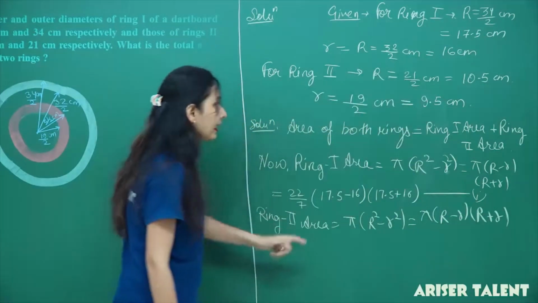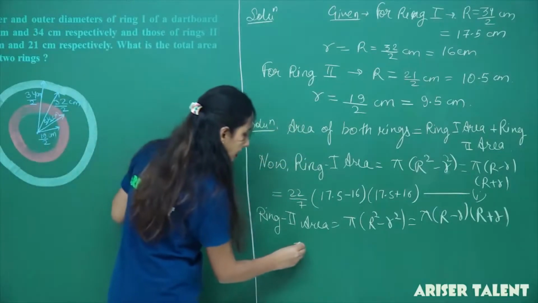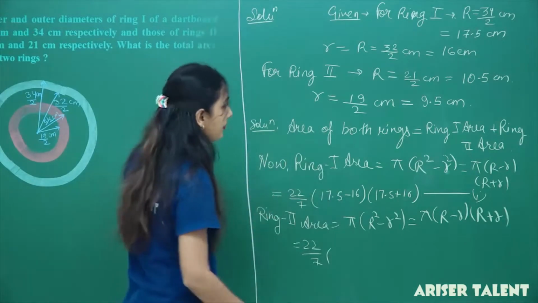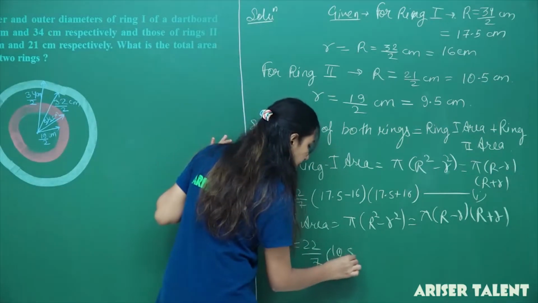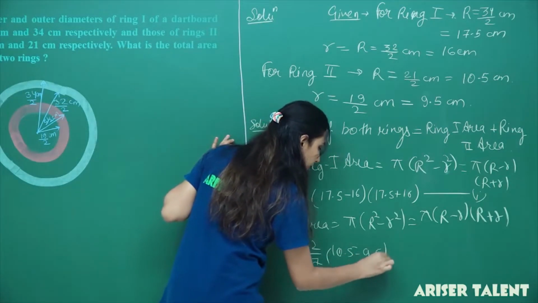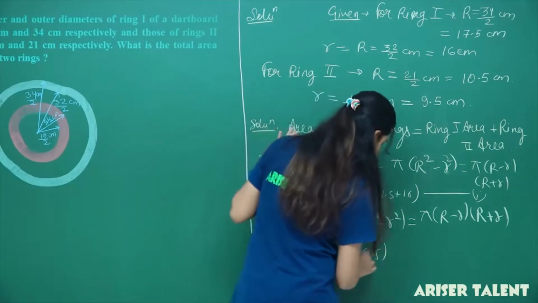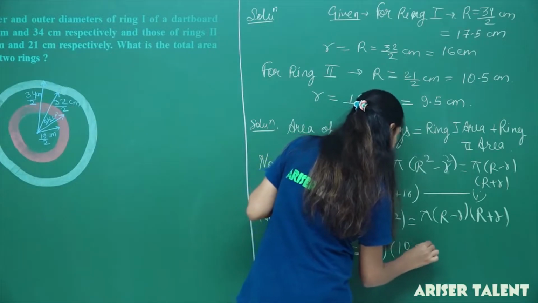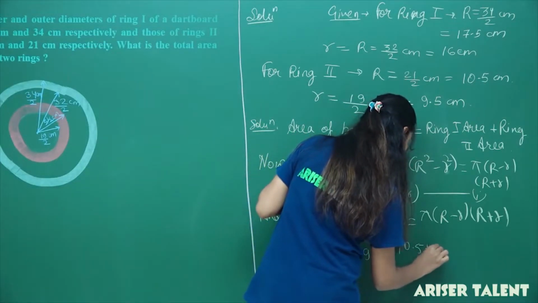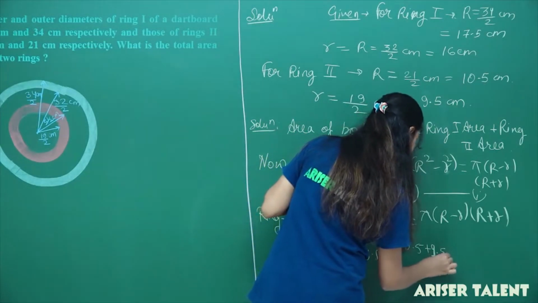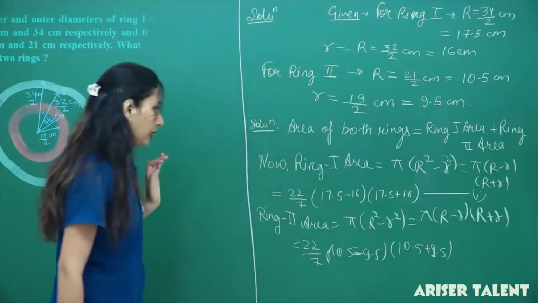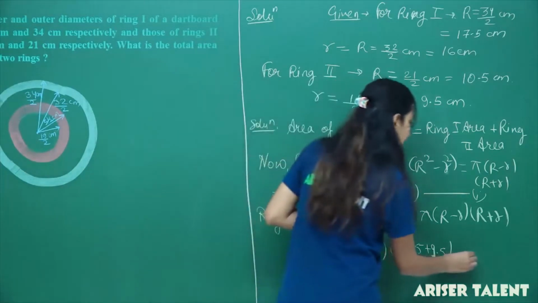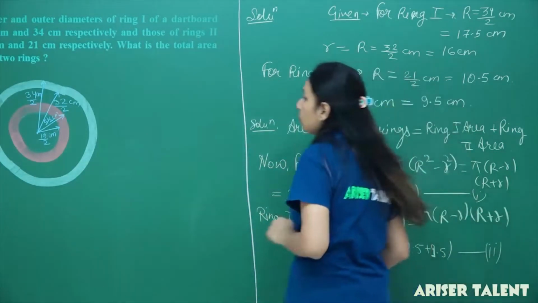Now I can put the values here: 22 by 7, capital R is 10.5 minus 9.5, close the bracket, multiplied by 10.5 plus 9.5, isn't it?